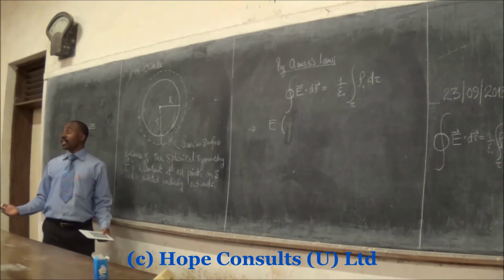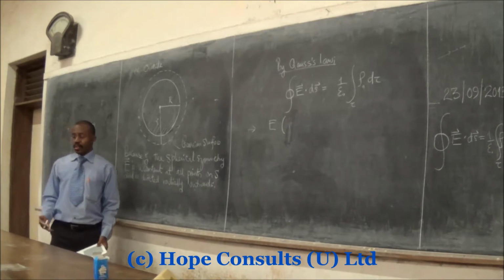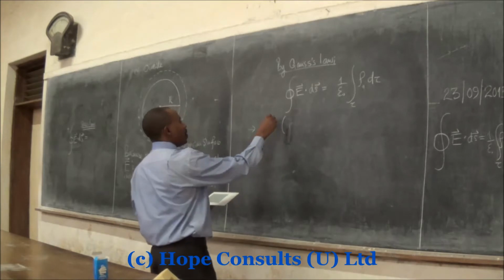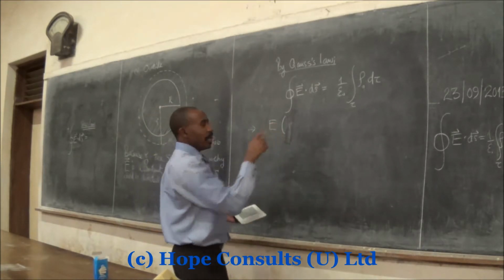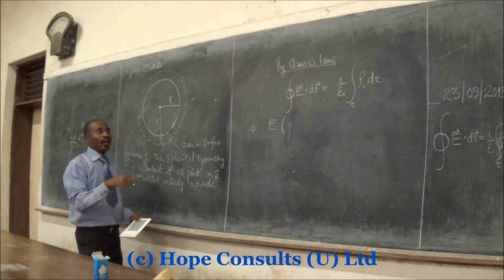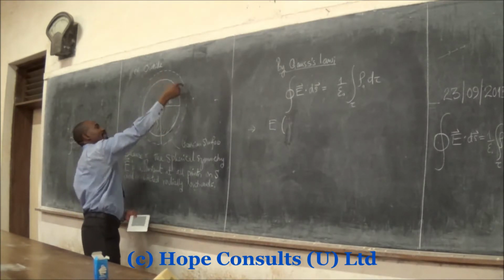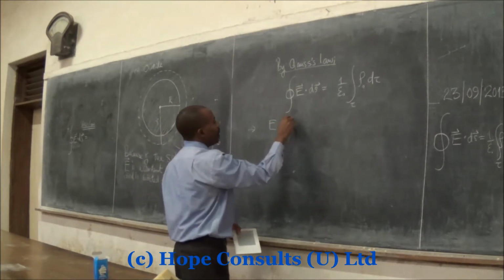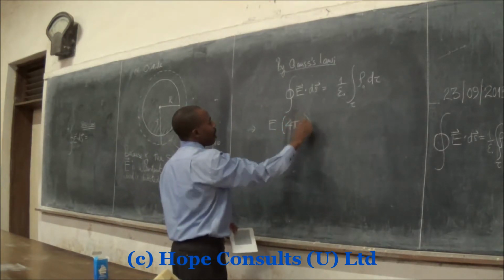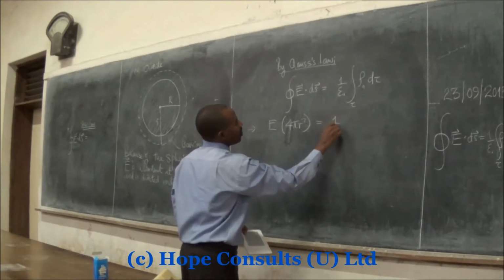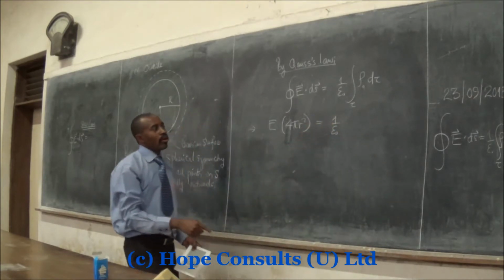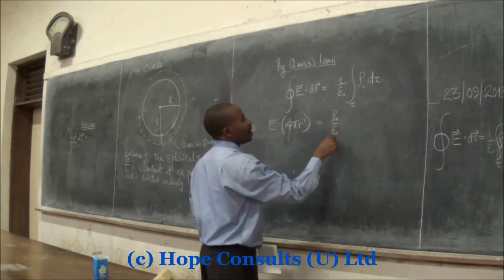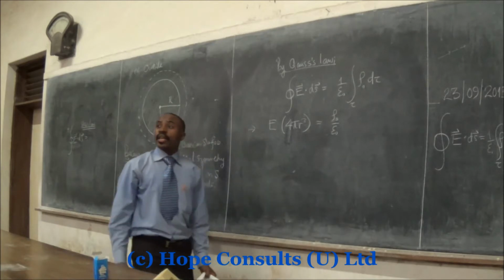After all, we know that vectors are pointing in one direction, okay? So I will have E times the surface area of the Gaussian surface. That means the surface area of the sphere is 4 pi r squared, and this will be the same as rho naught over epsilon naught, and then we are integrating the whole volume.